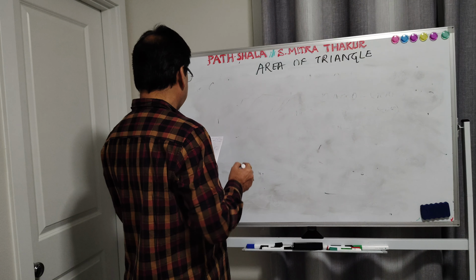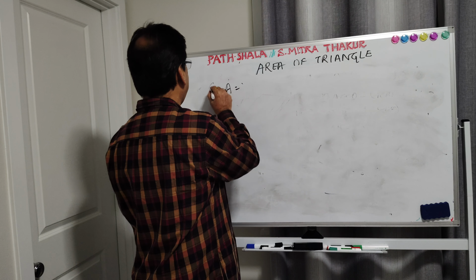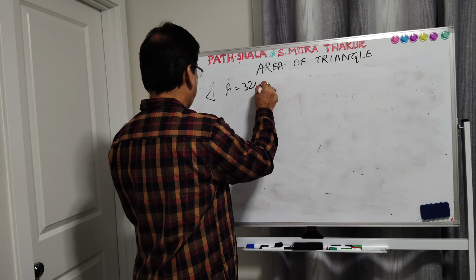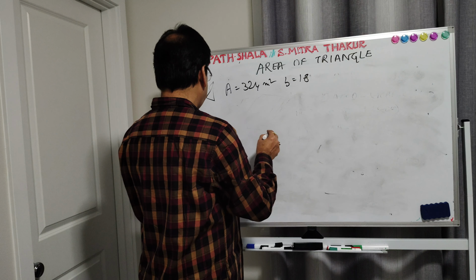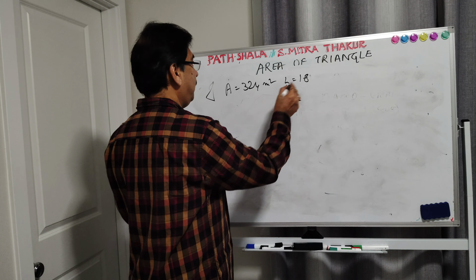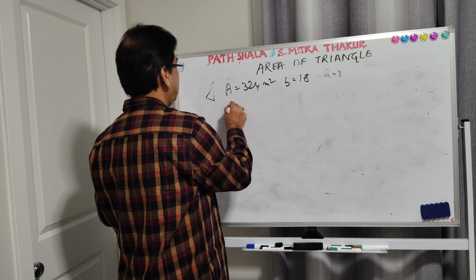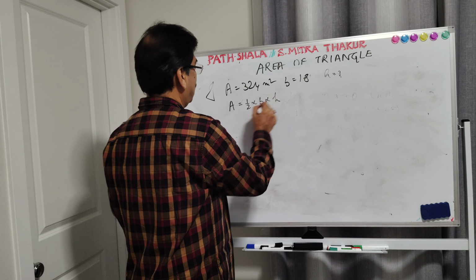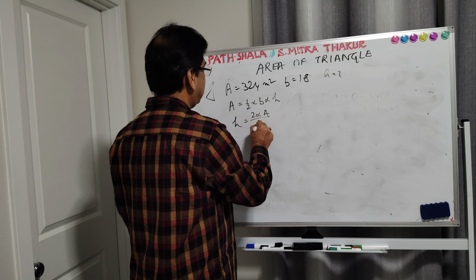The area of the triangular field is 324 meter square, and the base is equal to 18. Find the height. Area is equal to half into base into height, so height will be 2 into area by base.